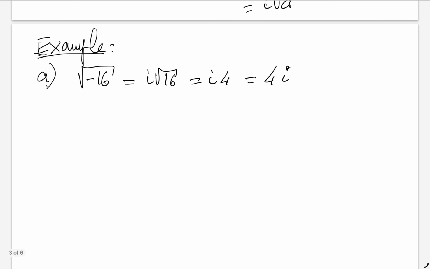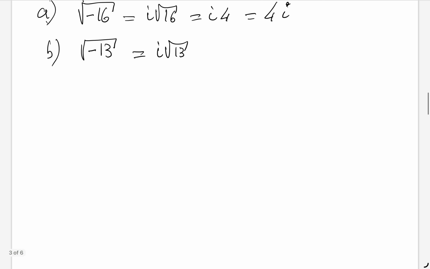Okay, let's do the next one. Example b: the square root of negative 13. It's just i times the square root of 13, since 13 is not a perfect square. You just have to leave it like that because it's a prime number. Next, let's try the square root of negative 48.